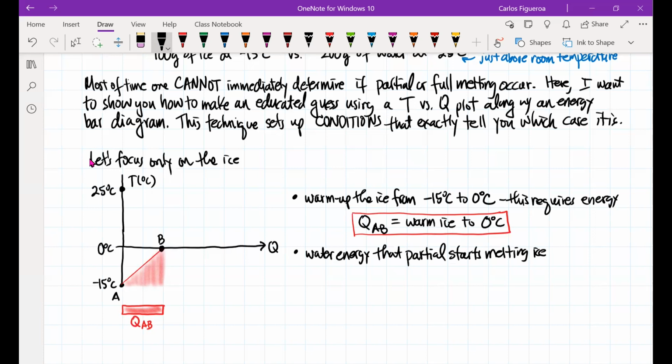So that's the latent heat. And I'm going to call this point right here C. So from B to C, this is where you get latent heat. So you get partial melting.